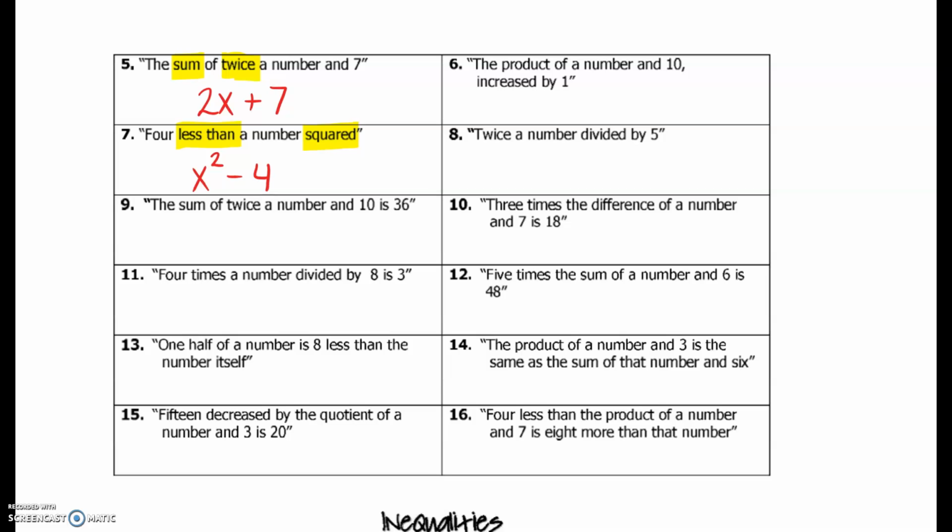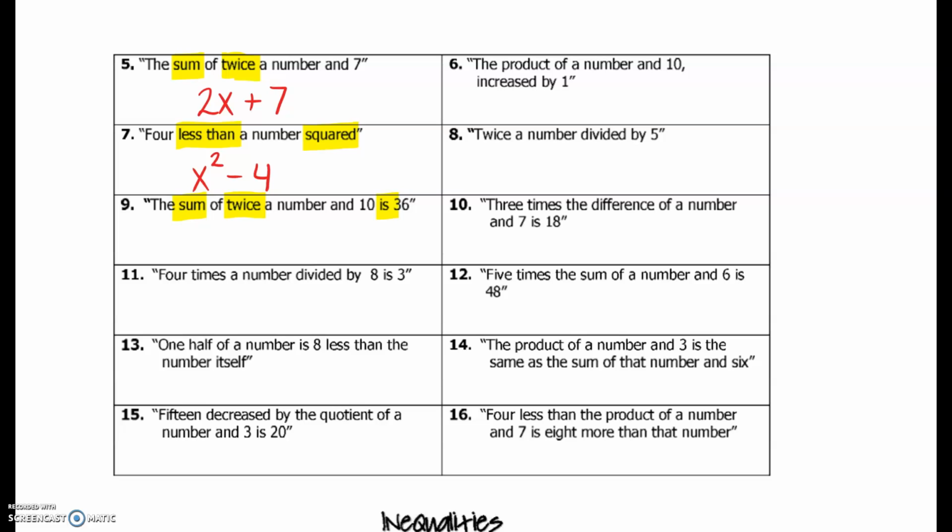In number 9, we have the sum of twice a number and 10 is 36. At this point, there are some things indicated to us here. We have the key phrase sum, we have the phrase twice, and we have this keyword is. Okay, so let's focus on our expression first.